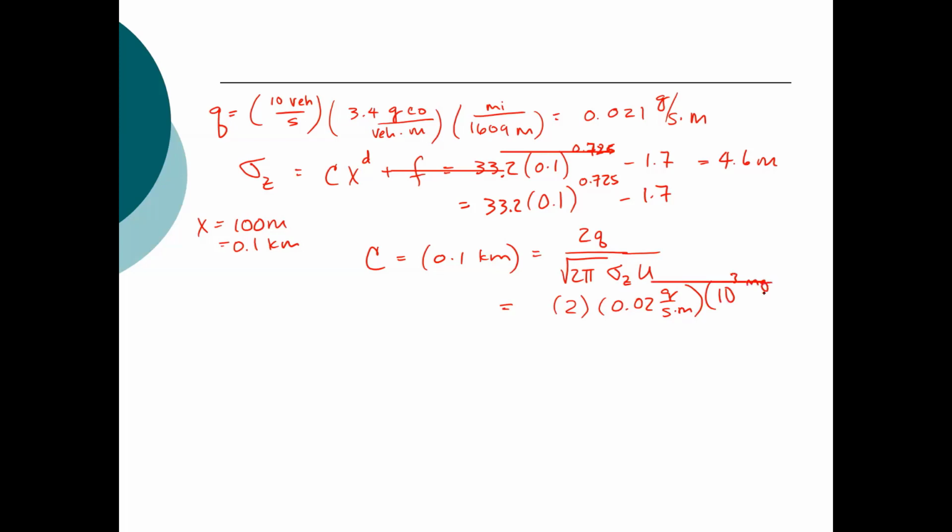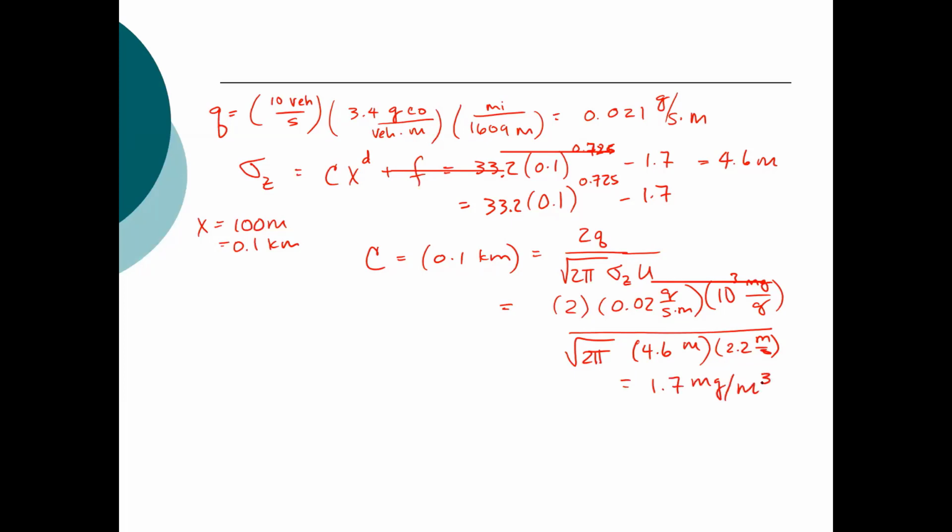I'm going to convert to milligrams and divide that by the square root of 2 pi times 4.6 meters times 2.2 meters per second, and that equals 1.7 milligrams per cubic meter.